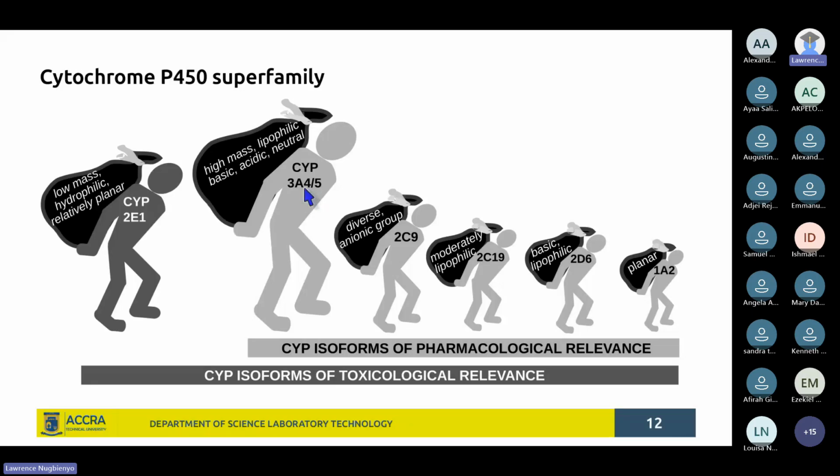And then you have the cytochrome P2E1, the last one, or the first one on the left there. The first one is the one which is of much more toxicological relevance. Primarily because a lot of these toxic substances are toxic even at very low concentrations, and those substances are small enough to penetrate through the cell.